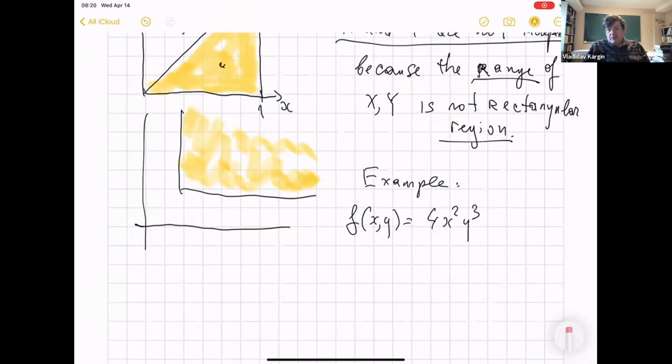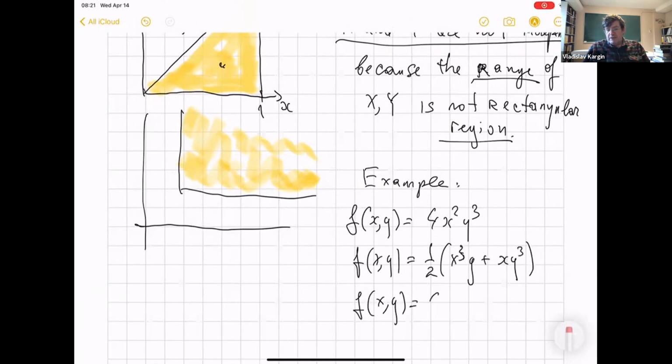Then maybe another one, f of xy is equal to 1/2 (x cubed y plus x y cubed), and another one, f of xy is equal to 6e to the minus 3x minus 2y.